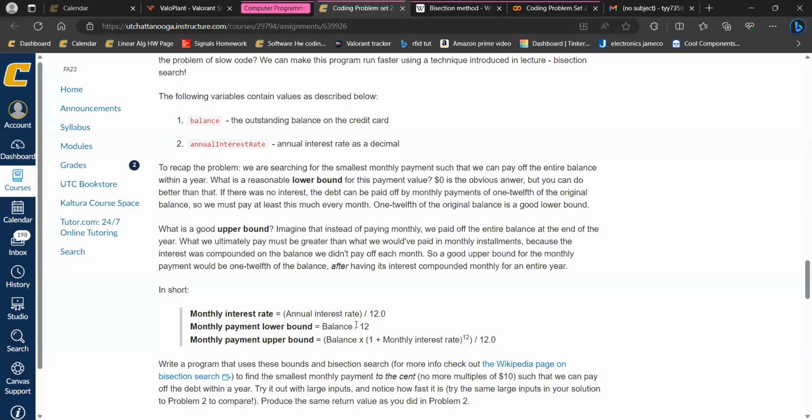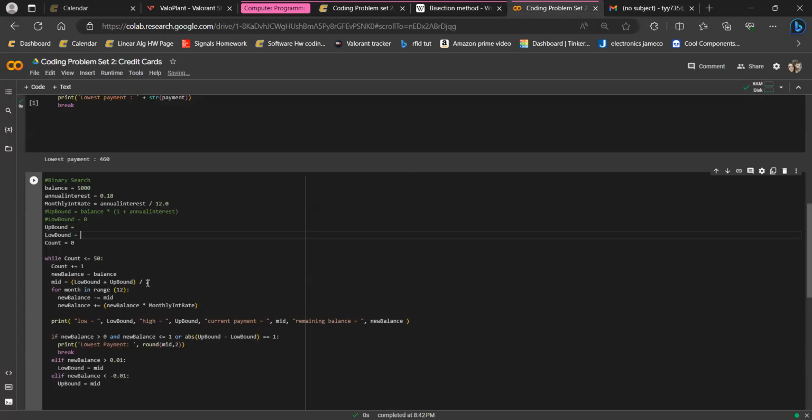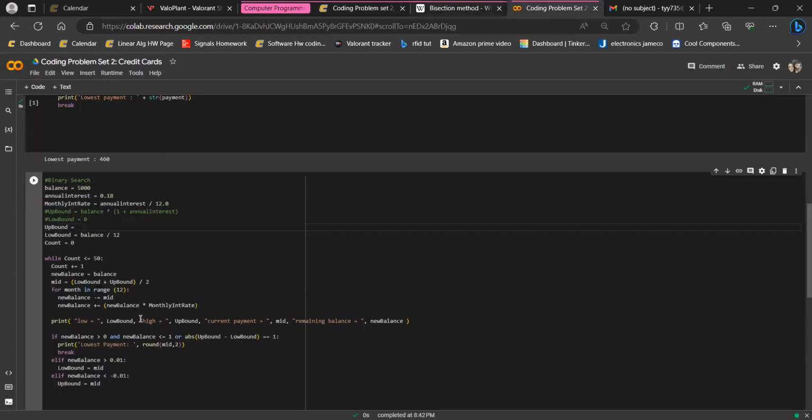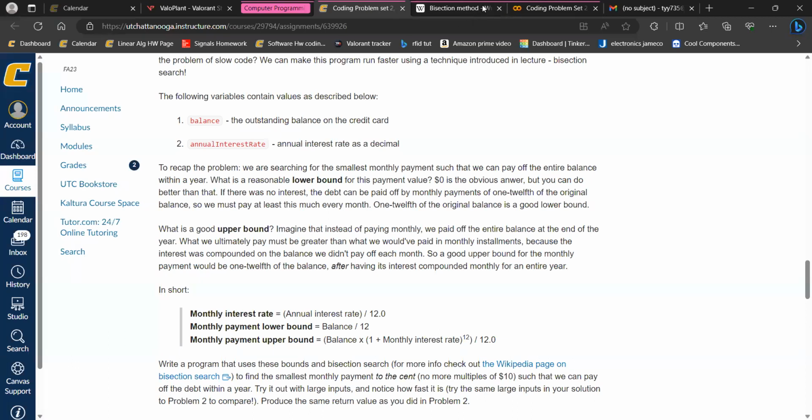The lower bound is balance over 12. This one was equal to balance, the product of 1 plus monthly interest rate to the 12th power, that divided by 12.